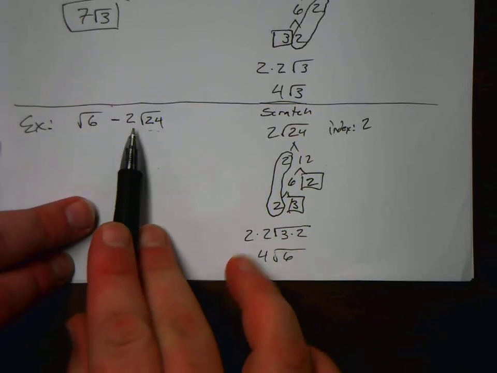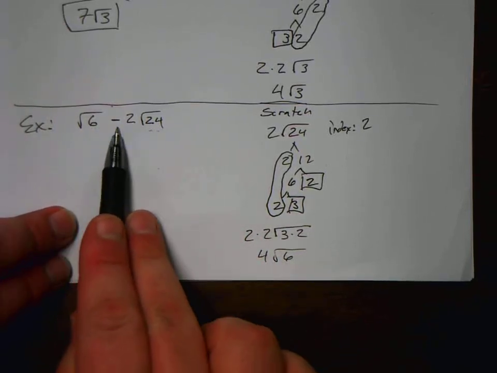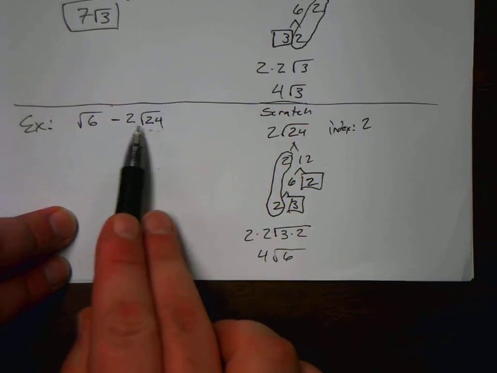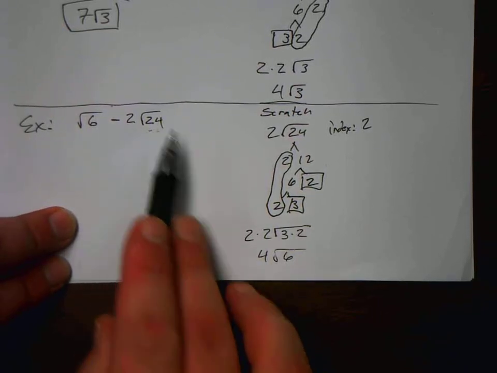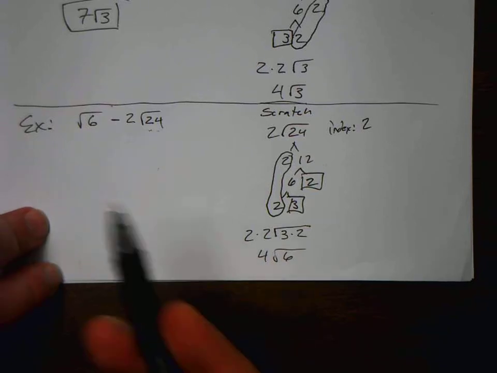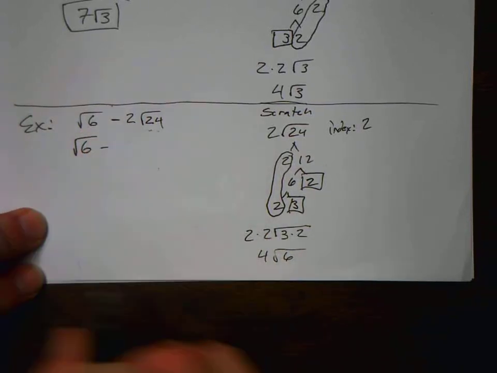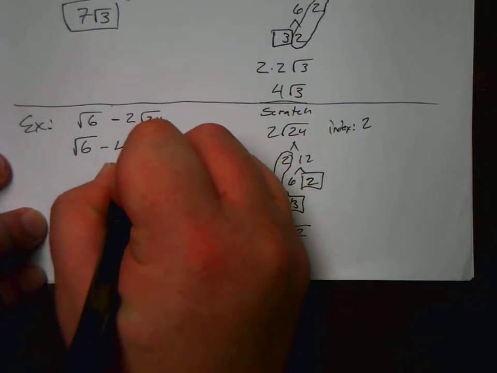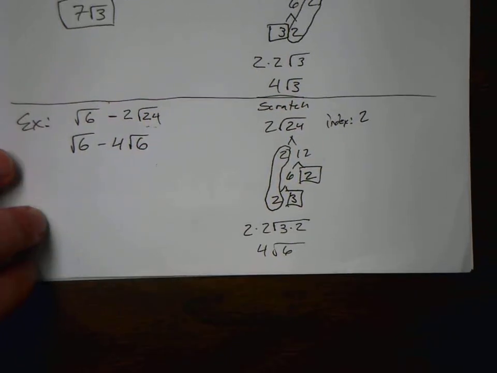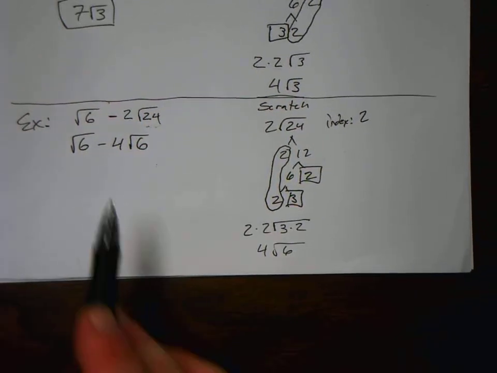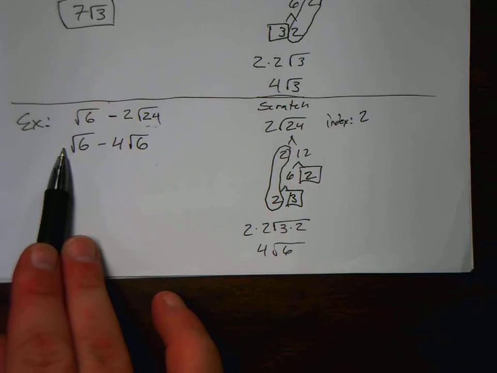Alright, so now I have the square root of 6 minus 2 square roots of 24. I'm going to replace the 2 roots of 24 with 4 roots of 6. So I get square root of 6 minus 4 square roots of 6. And now this is where it gets a little weird. There's no number in front of the square root of 6.